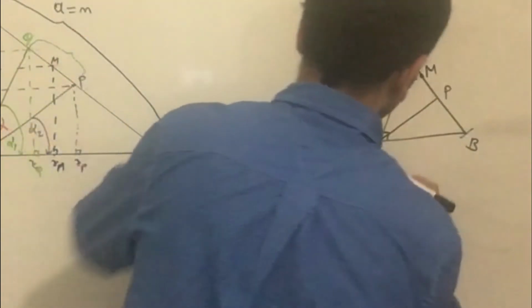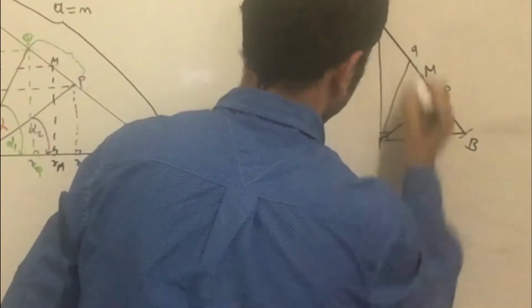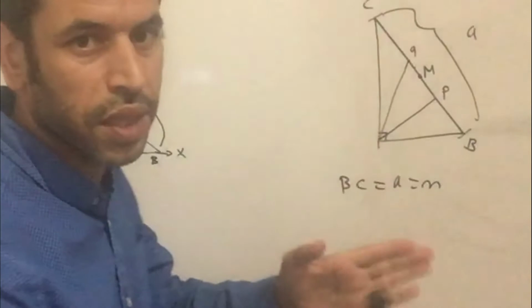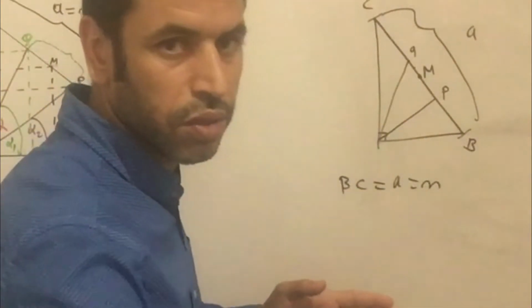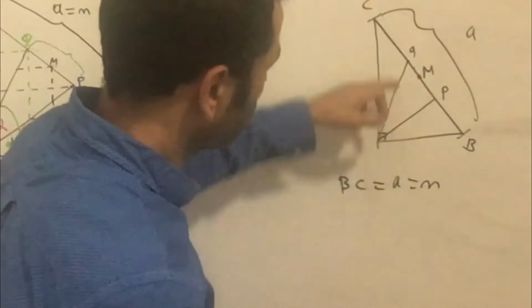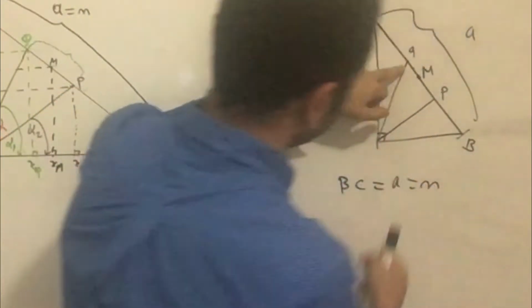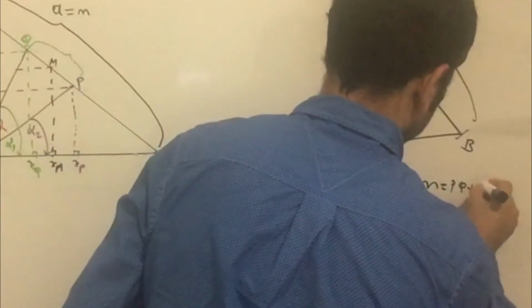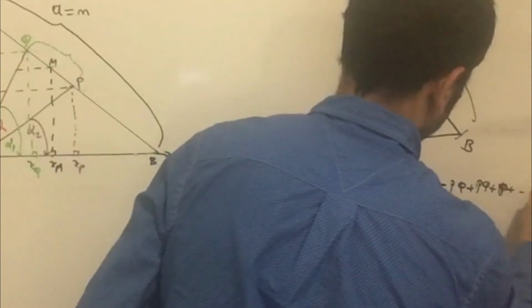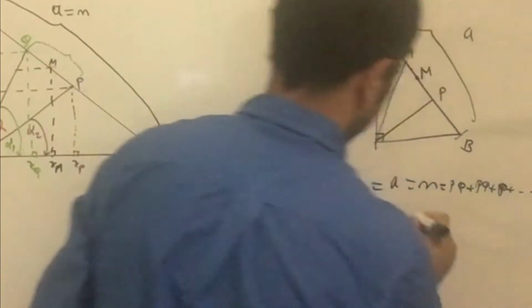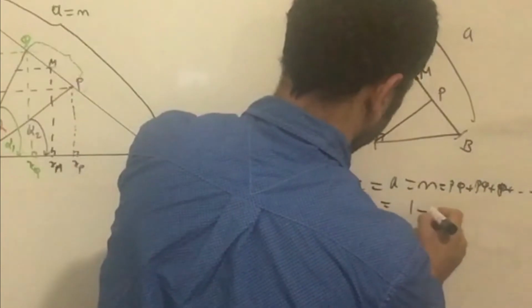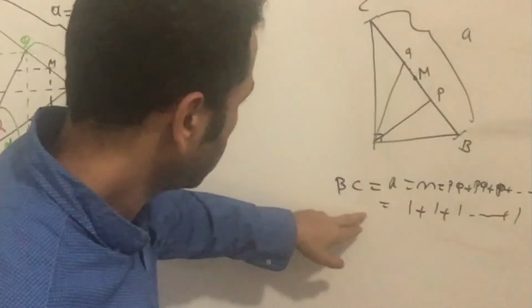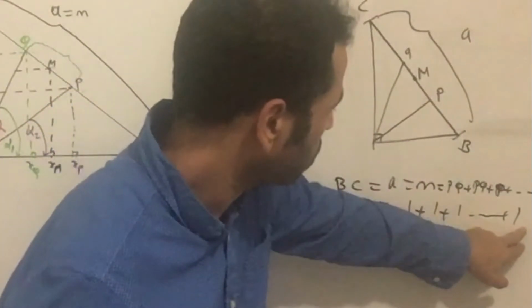So what does this mean? This means BC, the distance a, equals n, because it's divided into n parts, so these parts are equal. Each part is a small segment PQ. So n equals PQ plus PQ plus PQ and so on until the last term, PQ, which is 1 plus 1 plus 1 plus 1, until you get the last term.